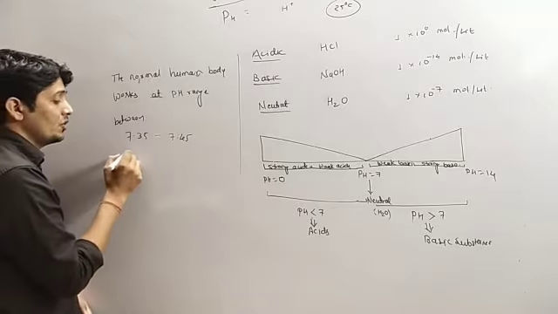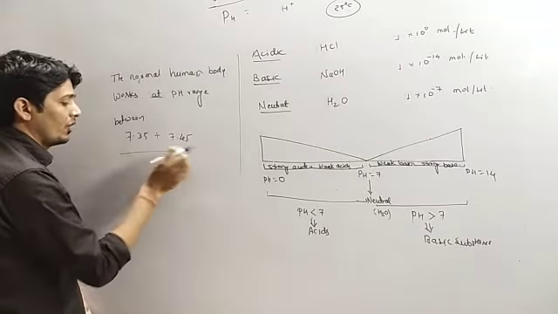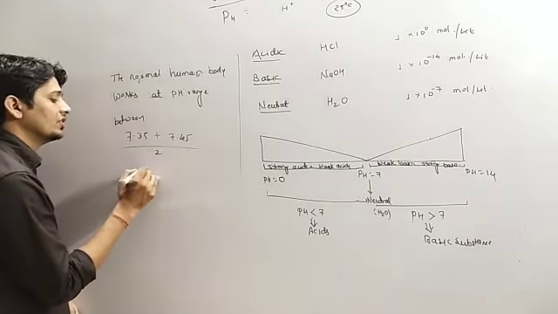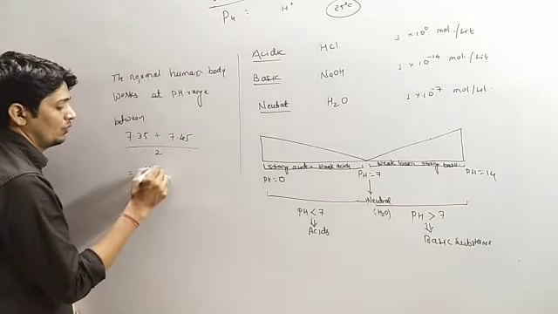On average, we add and divide by 2, that means 7.4.